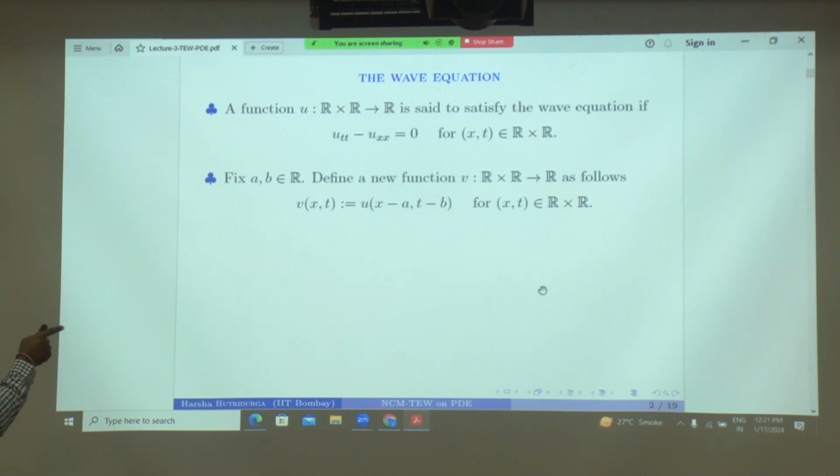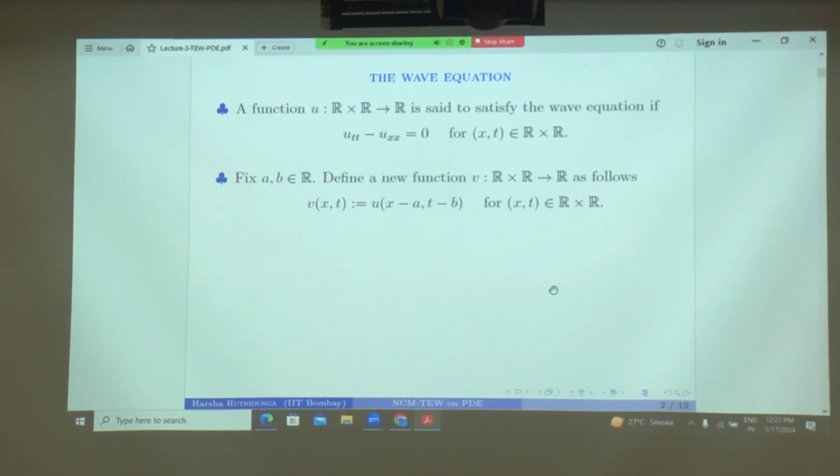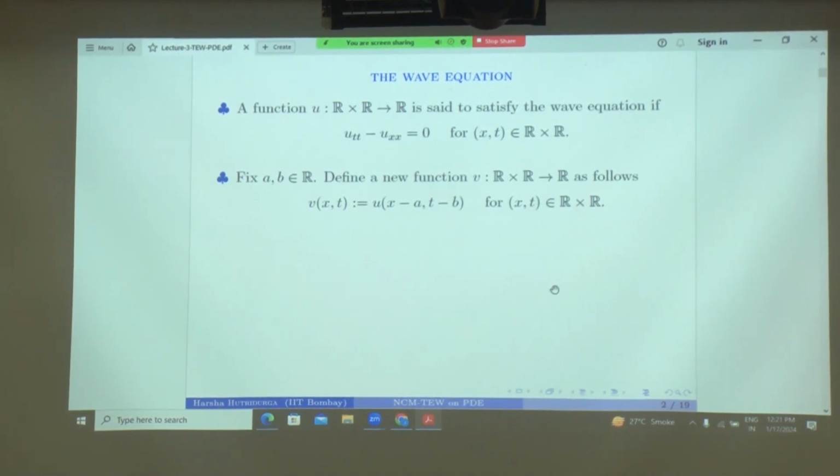What are we doing when we define this new function v? You are essentially translating that function u. The value of v at a point x comma t is essentially the value of your solution u at the point x minus a, t minus b. You are essentially translating the points by a given vector a, b, where a and b are fixed.